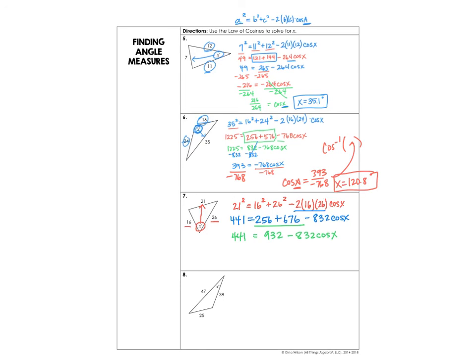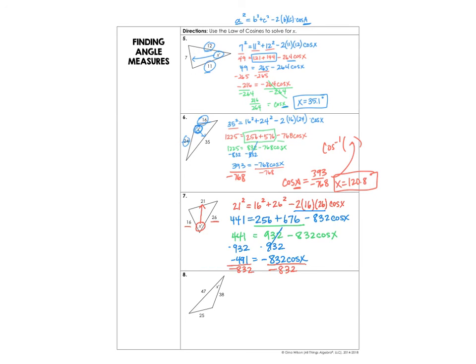Okay, so we need to get rid of this 932 so we can subtract it. So 441 minus 932 is negative 491. And that equals negative 832 cosine of x. Alright, to get that x by itself, we've got to get rid of the negative 832.